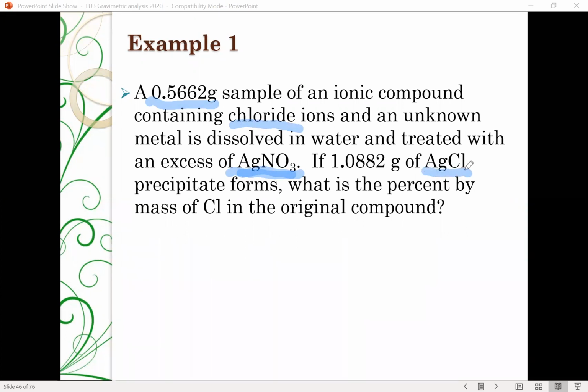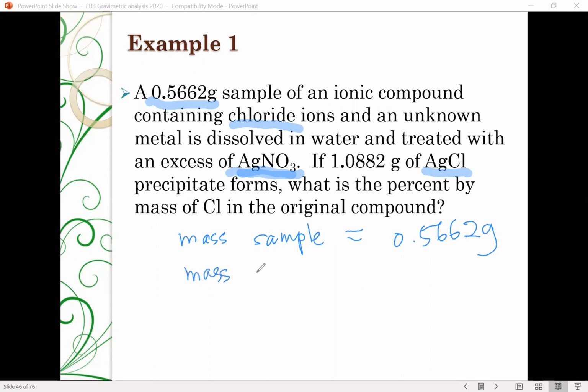So we have some information here now. We have the mass of our unknown chloride sample, 0.5662 gram. We have the mass of the precipitate, which is AgCl, 1.0882 gram. So what is the first thing that we should do?